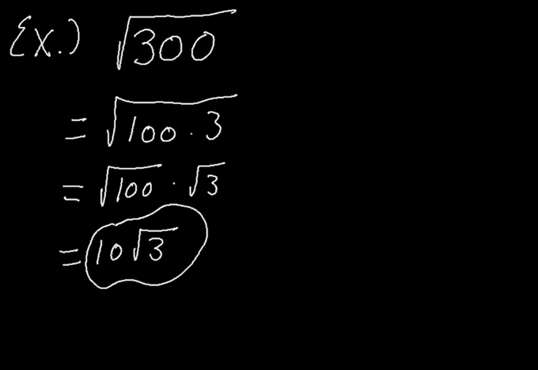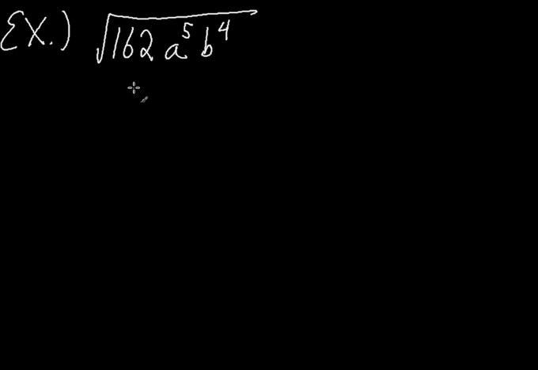Let's look at an even harder problem and see if we can make sense of it. I have the square root of 162 times a to the 5th times b to the 4th. For this, I need to, once again, find a perfect square inside of 162. This isn't one that I have readily available, so I had to pull it up.